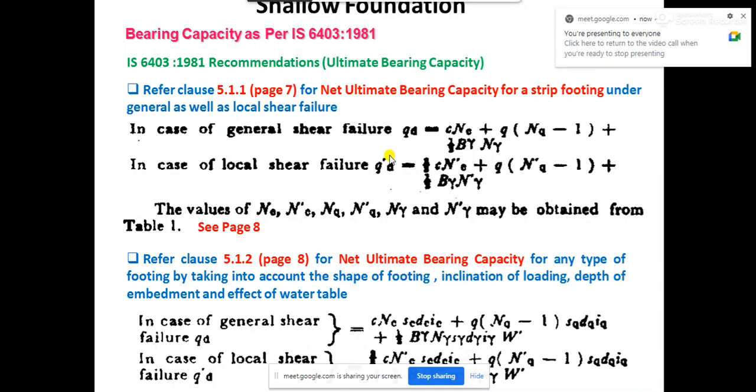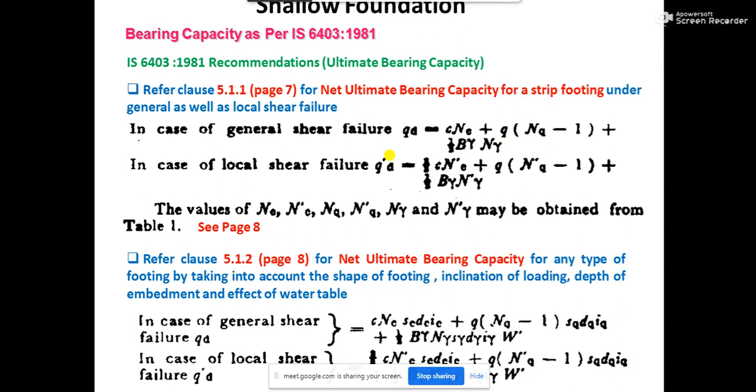See, in case of general shear failure or local shear failure, whatever you take, Terzaghi's equation is being considered for what? Terzaghi has given his equation considering the footing as a strip footing, right? It is a strip footing. Okay. So what is a strip footing?